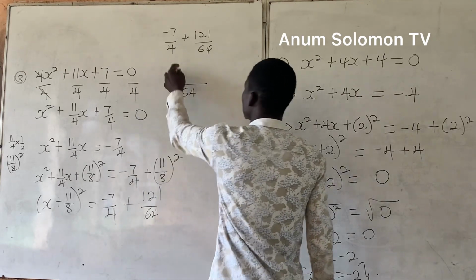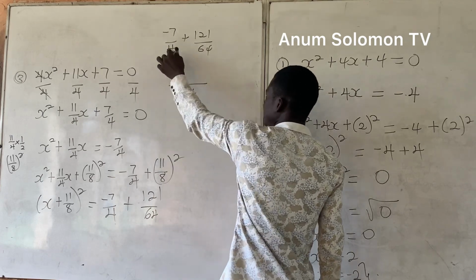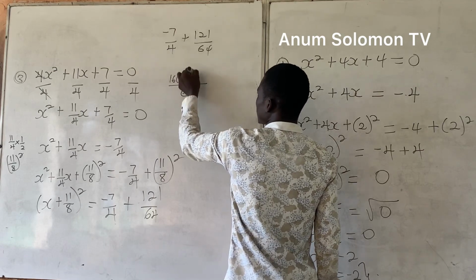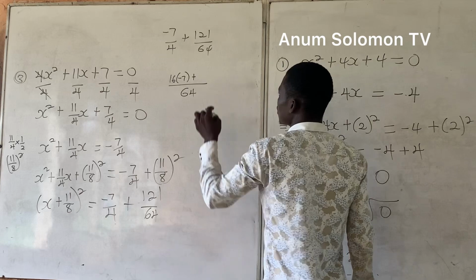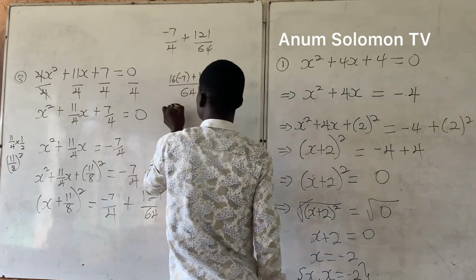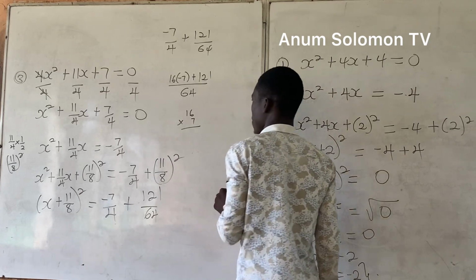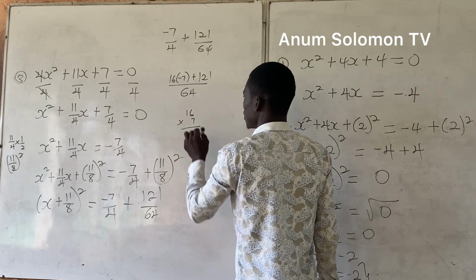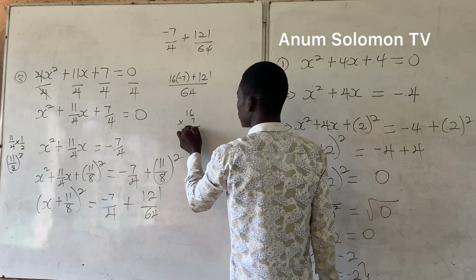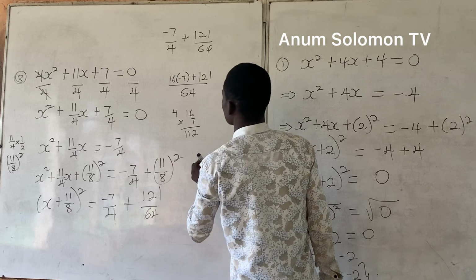So 4 goes into 64, 16 times, then 16 times 7 is 112.